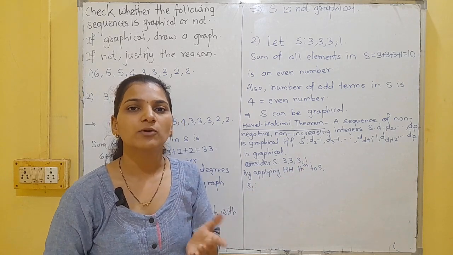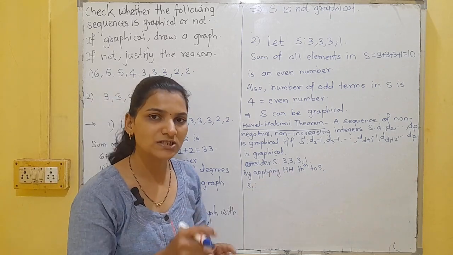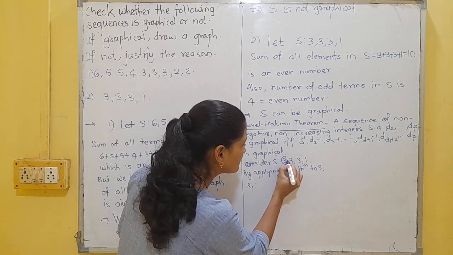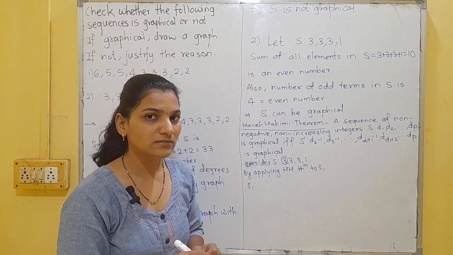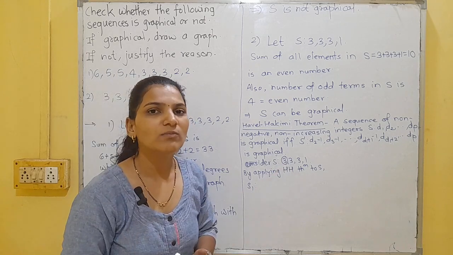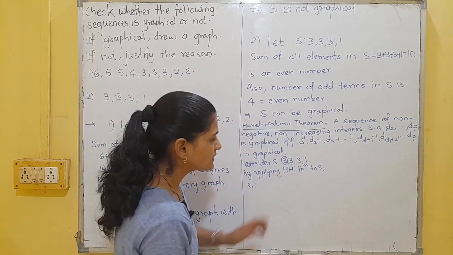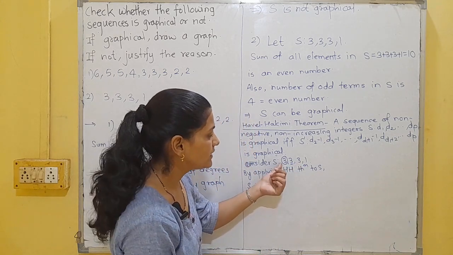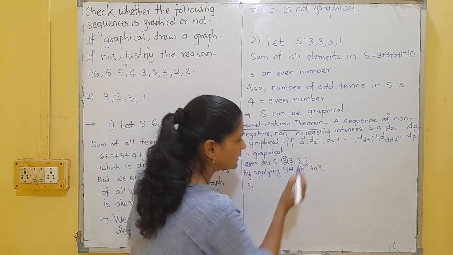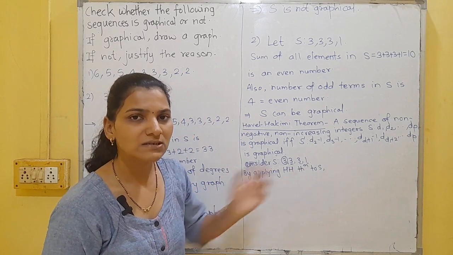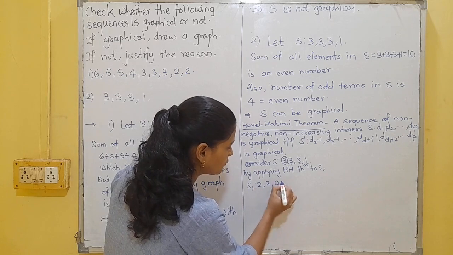We subtract 1 from the first d1 terms, starting from d2. Since d1 is 3, starting from d2 we consider the first 3 terms, 1, 2, 3, and we subtract 1 from these underlined terms and get S1. So S1 is 2, 2, 0.